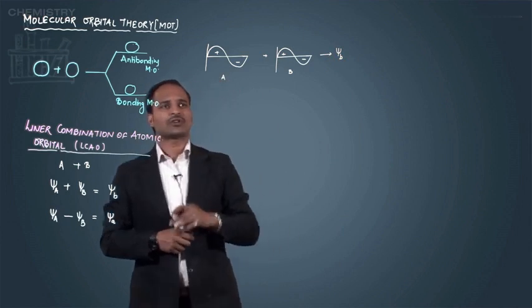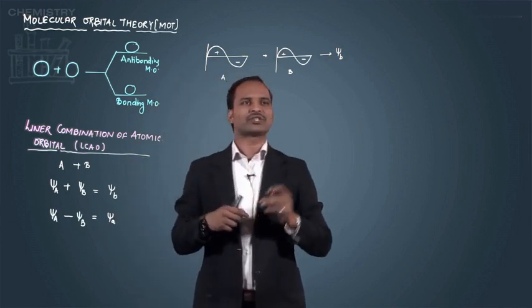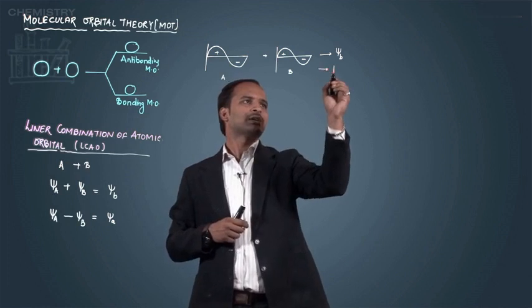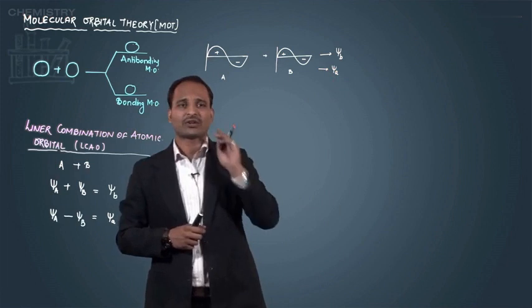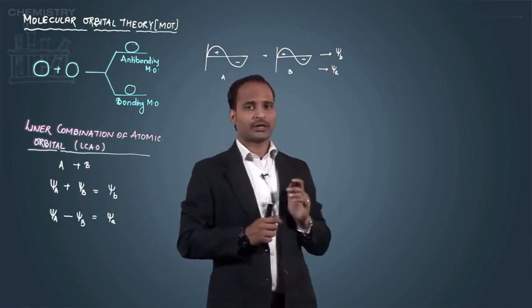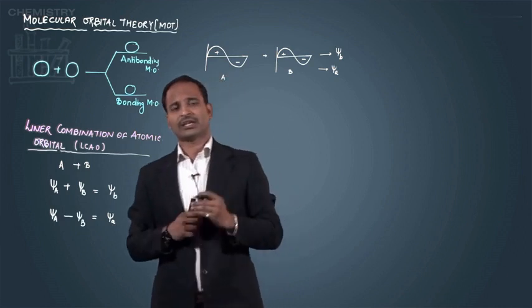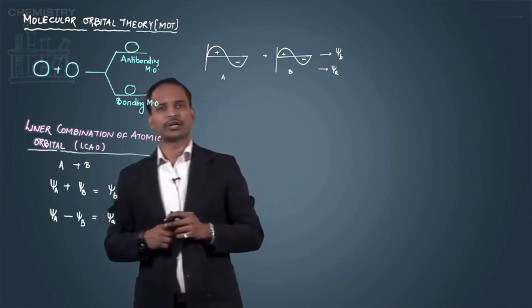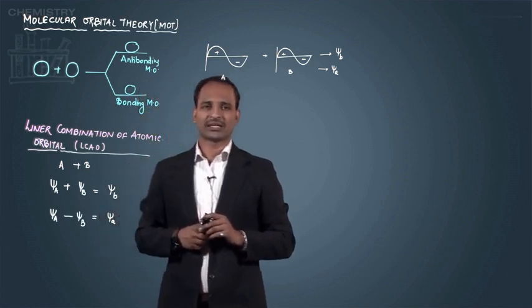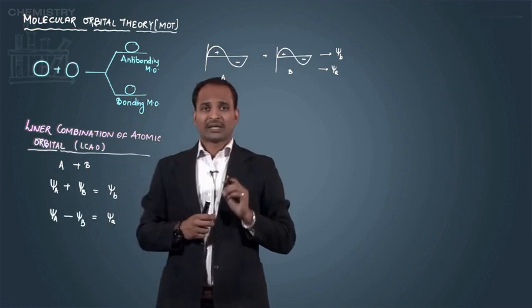But if the crest of one overlaps with the trough of the other, repulsion takes place, and ultimately I get the anti-bonding molecular orbital. So crest with crest, or trough with trough, is bonding, but crest of one wave with trough of the other is anti-bonding, because repulsion occurs in that case, and repulsion means the energy goes on increasing.